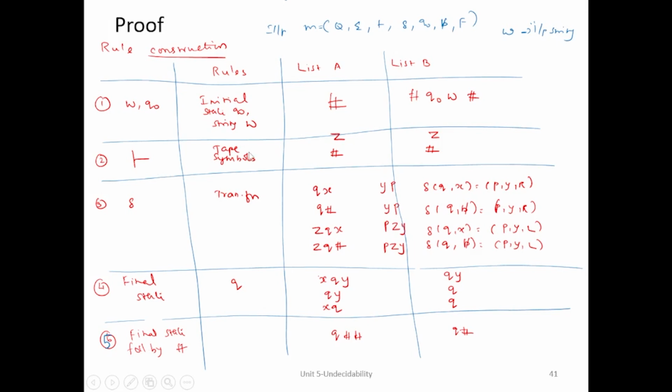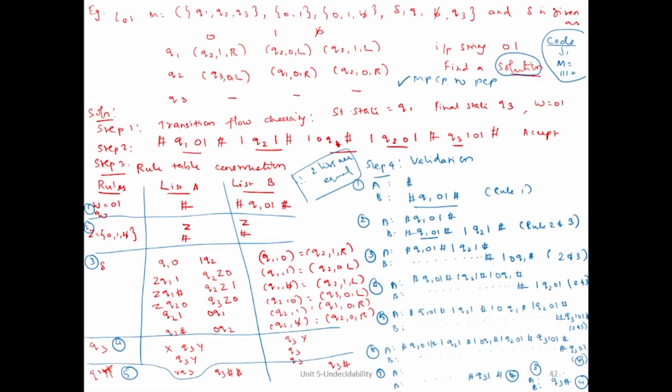The second rule is for tape symbols. The third rule is for transition function notations. The fourth rule is for final states with some dummy symbols on both the left and right side. The fifth rule is with the final state ending with hash. Here hash is considered as blank space. So first we should construct the rules.